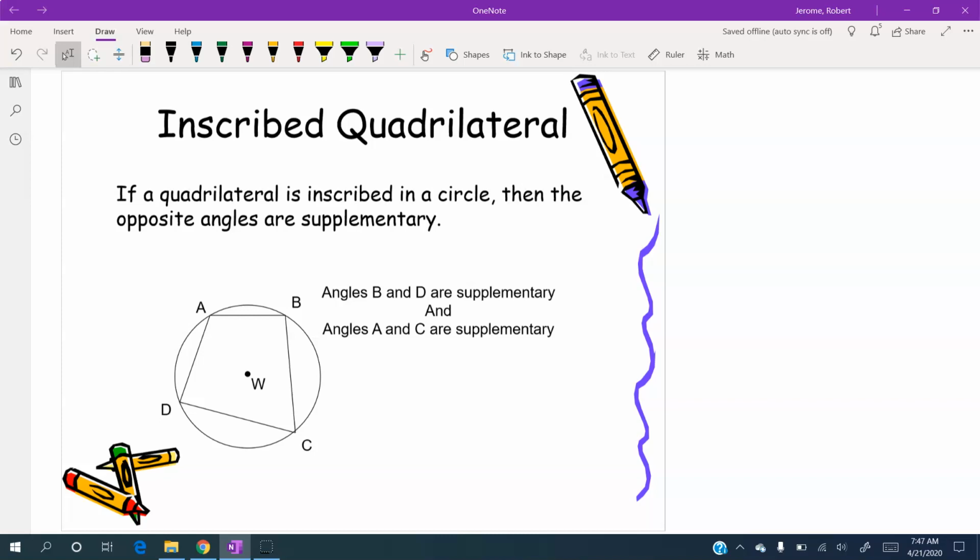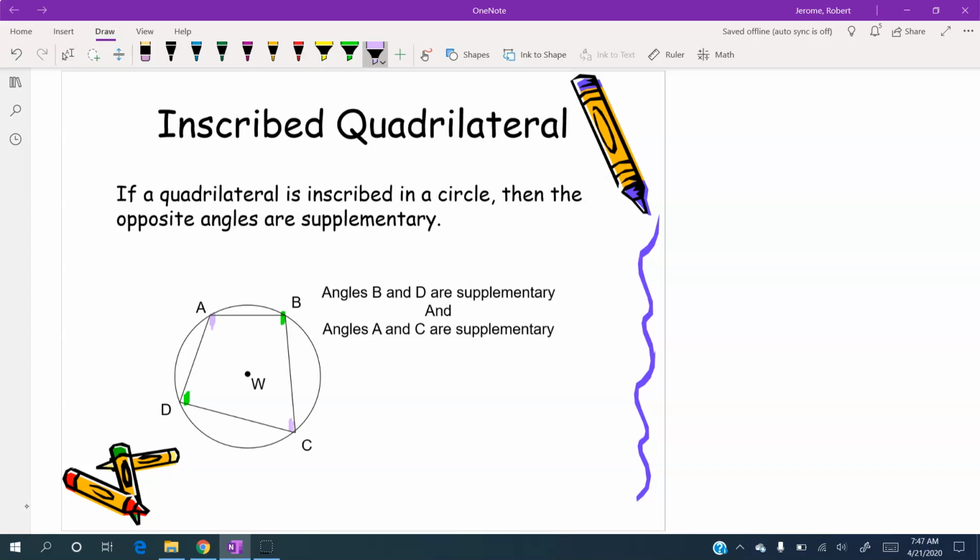We're not saying that it's a parallelogram or a trapezoid or anything like that. It's just a four-sided figure. But the rule here is that the opposite angles are supplementary. So angle B and angle D are supplementary.